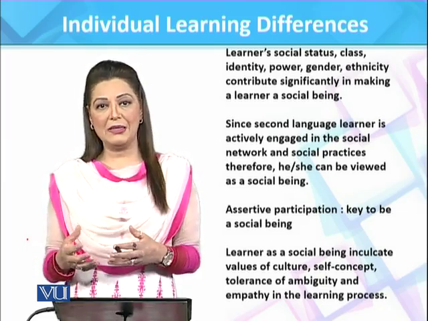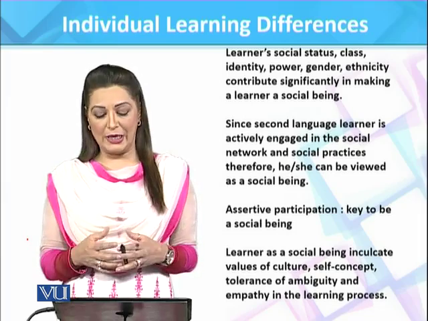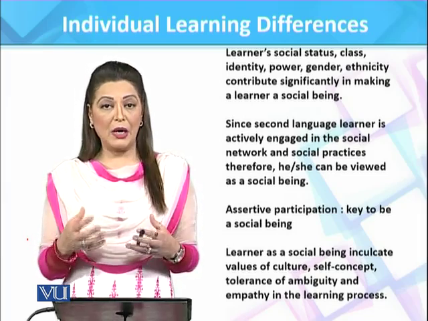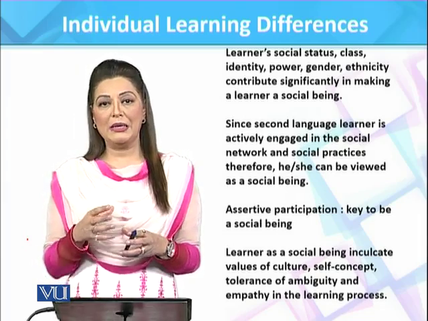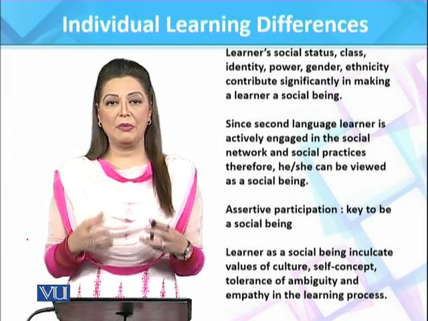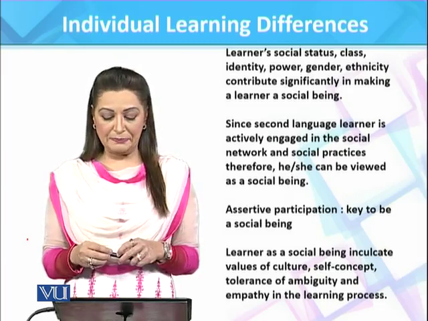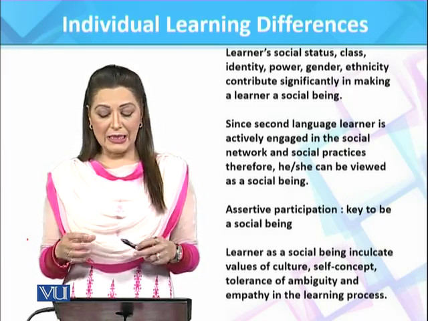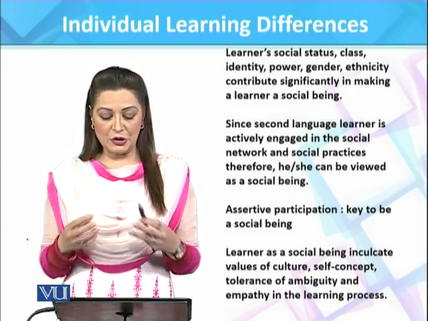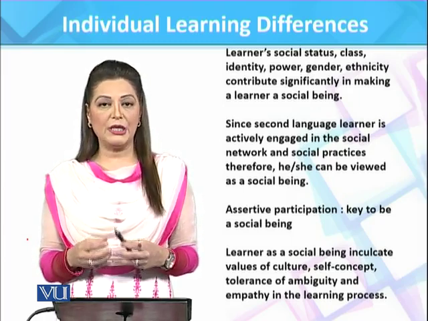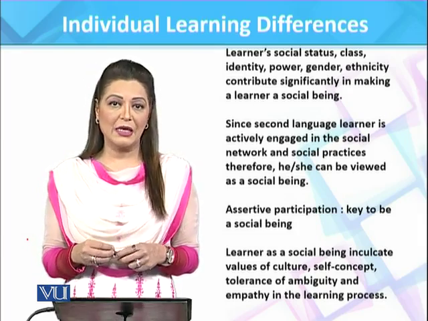Then the ethnicity, which means the religious and cultural values that he carries, the power, the identity, all these elements contribute immensely in forming the learner's social identity. Since a second language learner is actively engaged in this process, social network and social practices, therefore he or she is also considered a social being.